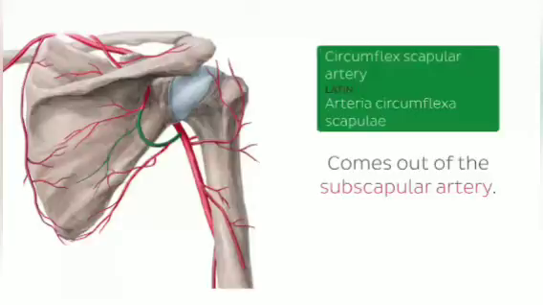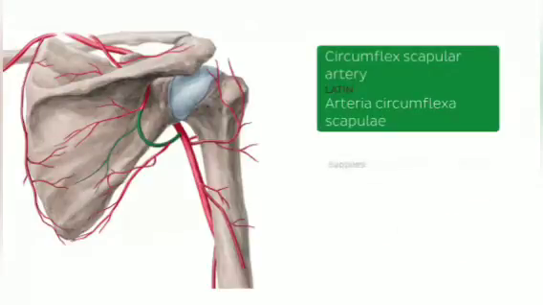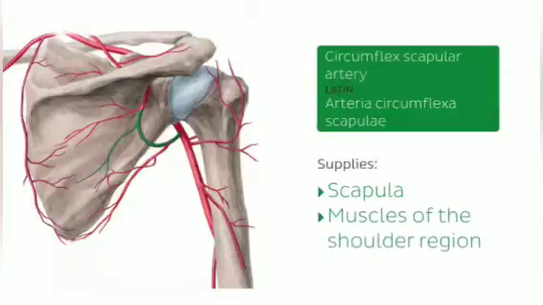Remember that in Latin, circumflex means to curve around. This artery curves around the shoulder and supplies a few structures that are worth highlighting here. These are the scapula, this triangular shaped bone, and also parts of muscles of the shoulder region.